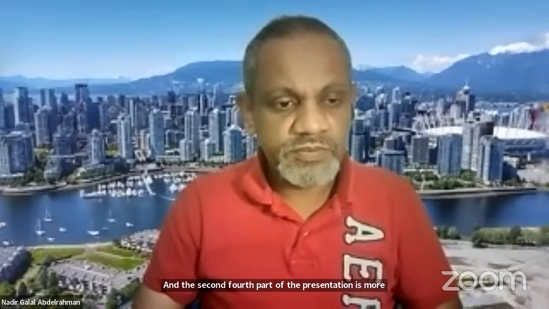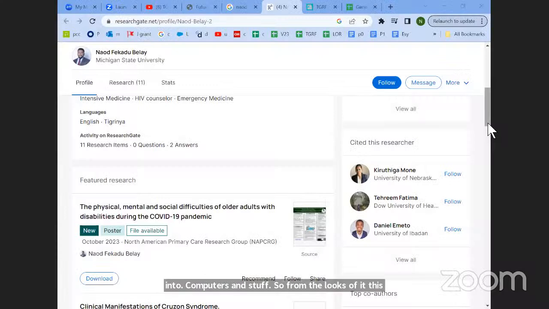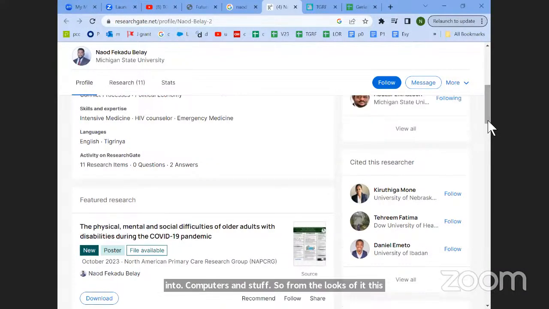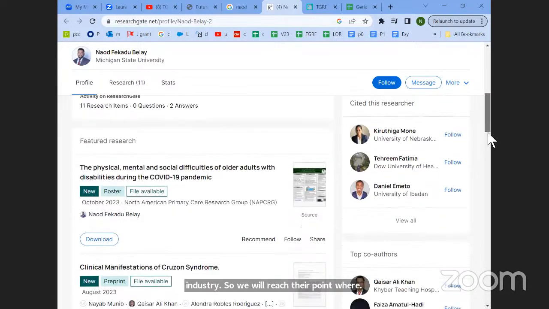So from the looks of it, ChatGPT, AI, and machine learning will eventually be integrated into the medical industry. So we will reach the point where basic computer skill may not be enough for a doctor.